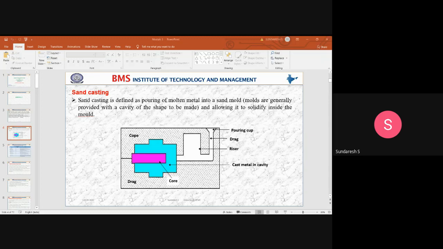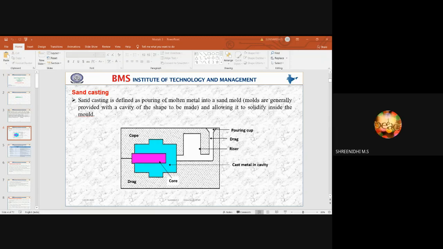Next, the other half is in the cope, right? Then what will you do? We'll apply some parting, and we'll remove the pattern, sir. You have to remove the pattern first. Once you remove the pattern, that cavity will be there. Then you will keep the cope over the drag box.